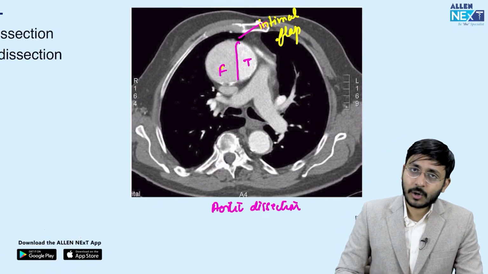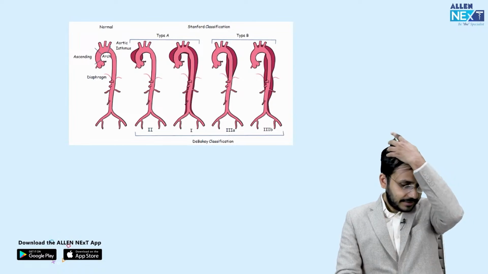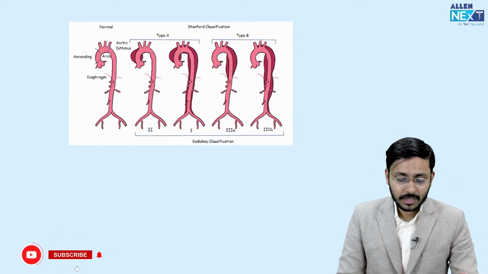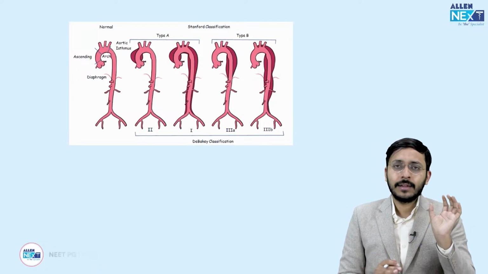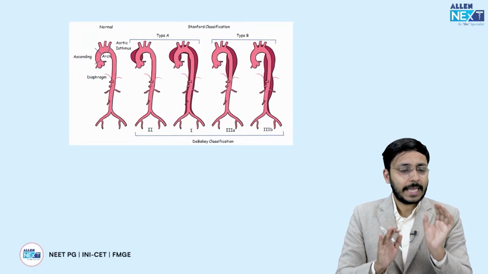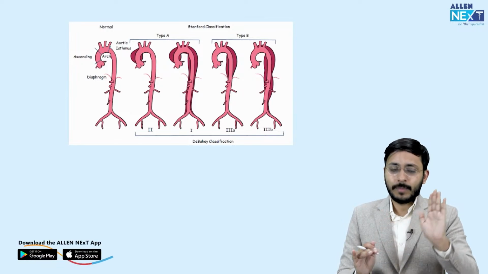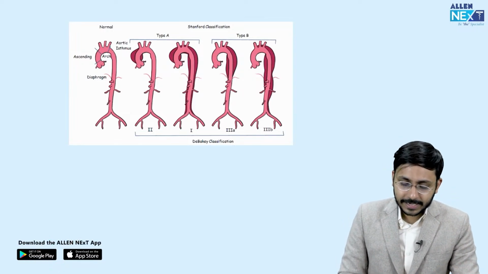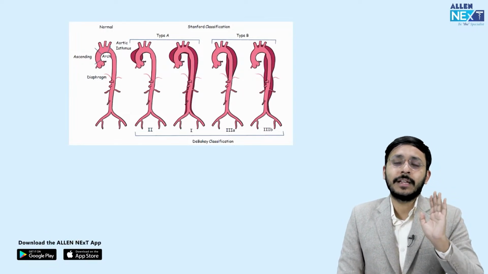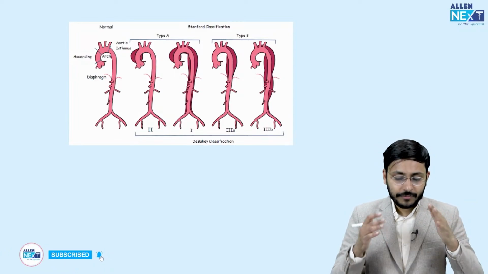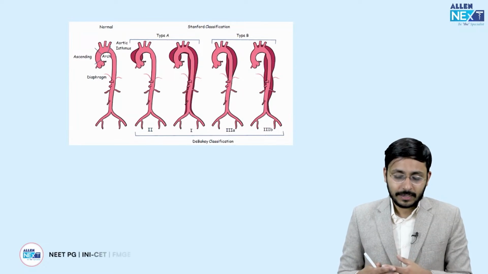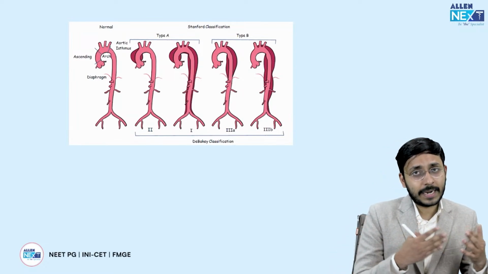Now, since we are on the topic of aortic dissection, we'll quickly discuss the classification system. So, Stanford divides aortic dissections into type A and type B. Simple. A is ascending aorta involvement. So, whenever you see ascending aorta involvement, it is always and always Stanford type A. Now, further, these have been divided by DeBakey into 1, 2, and 3.